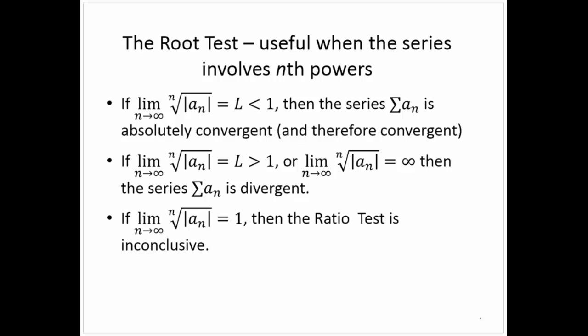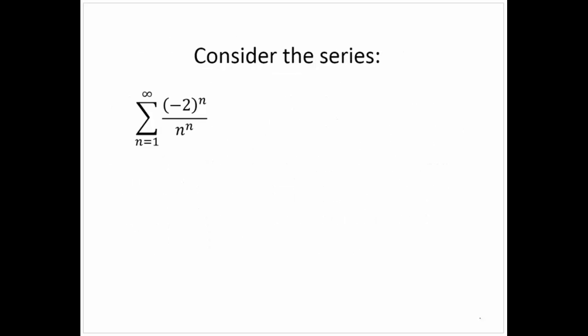So let's see a couple of examples. Consider the series sigma n equals 1 to infinity of negative 2 to the nth power over n to the nth power. I see these nth powers, so I'm thinking, let's use the root test.